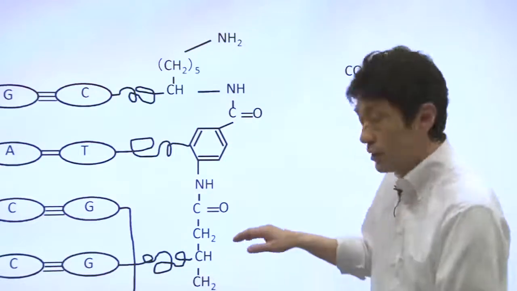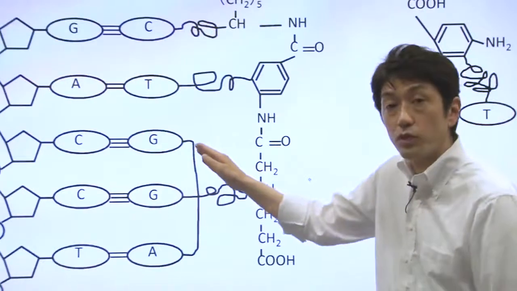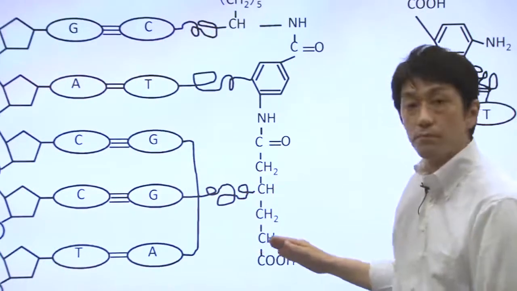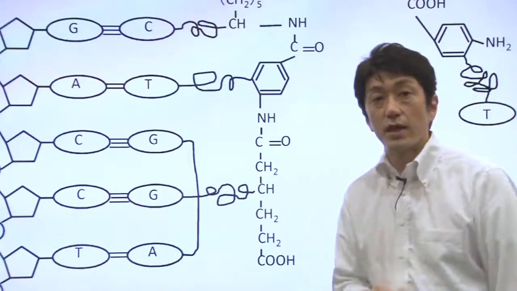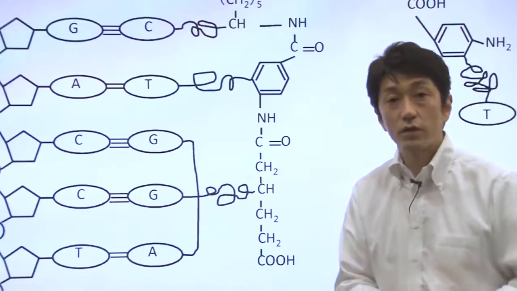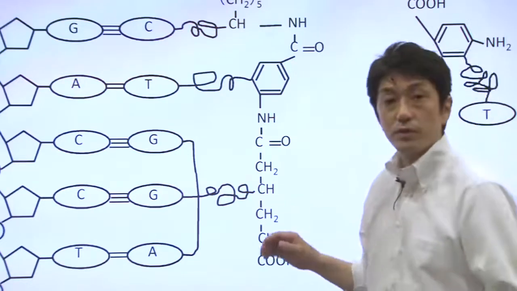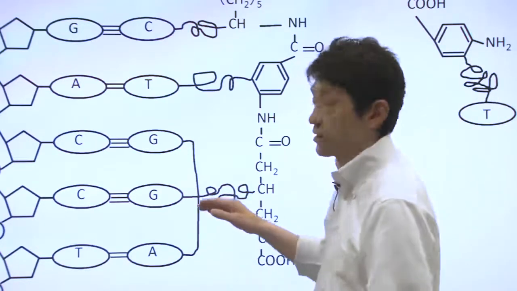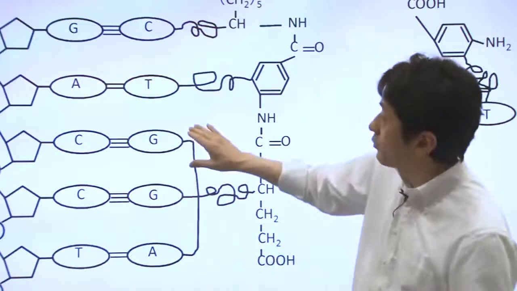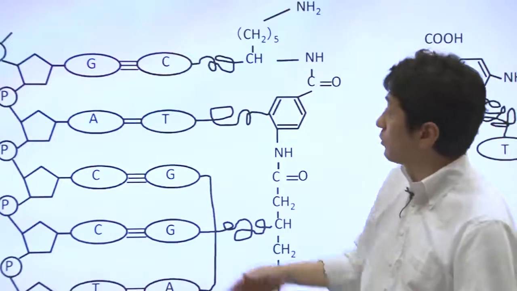One example is shown here, which has 3 bases. Such design allows you to prepare 64 different conjugates.